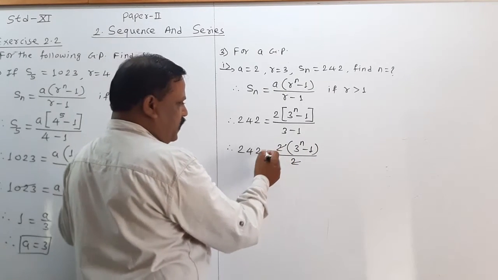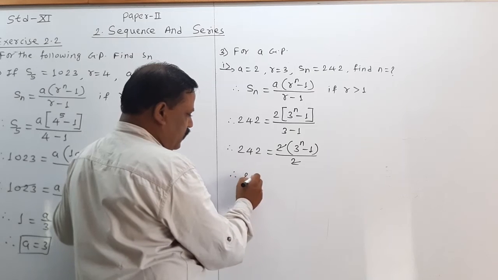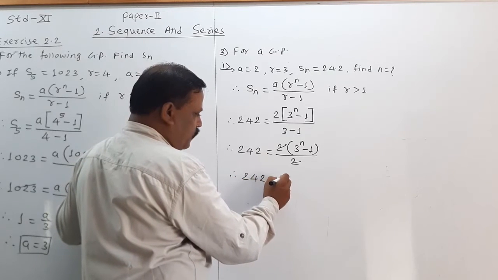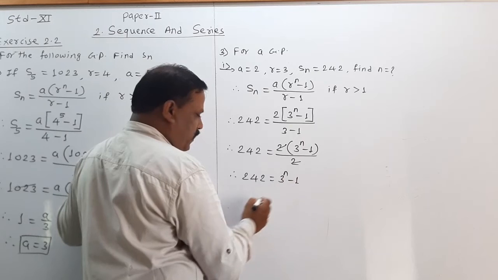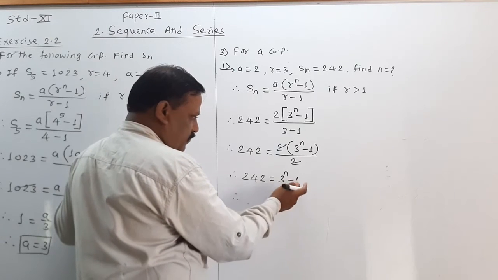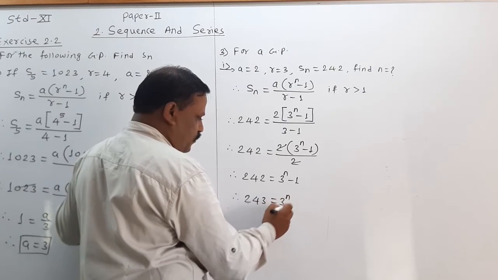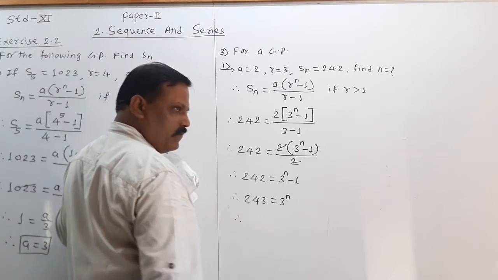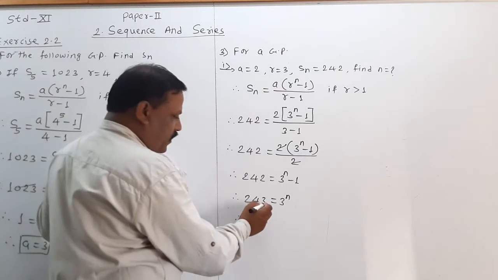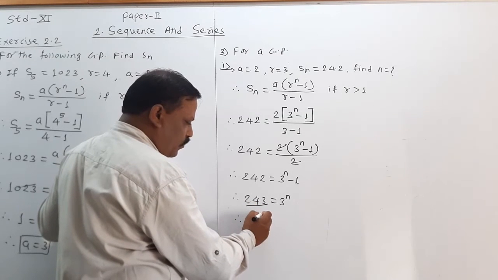This 2 and 2 is cancelled. 242 equal to 3 raised to n minus 1. Minus 1 is transfer, we get 243 equal to 3 raised to n.